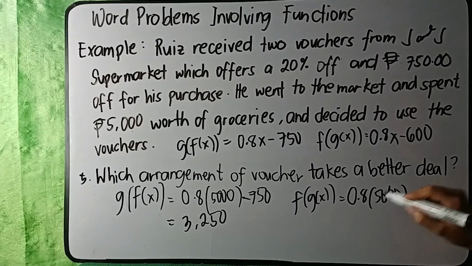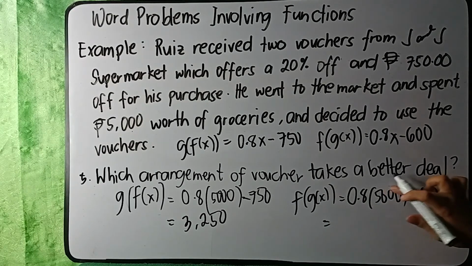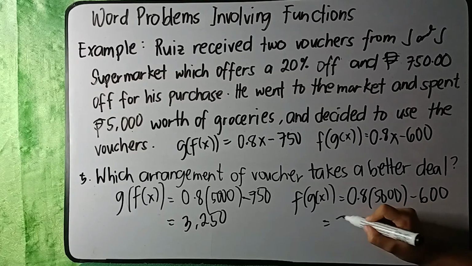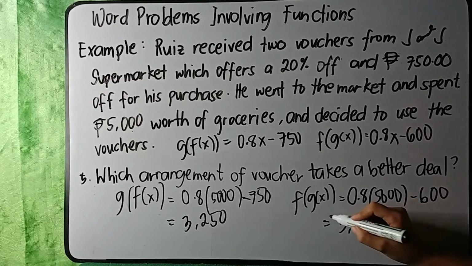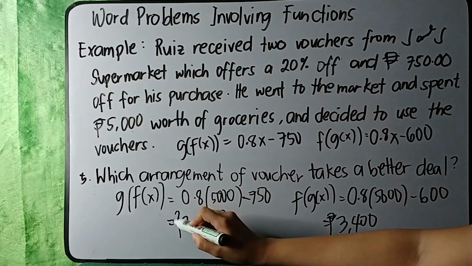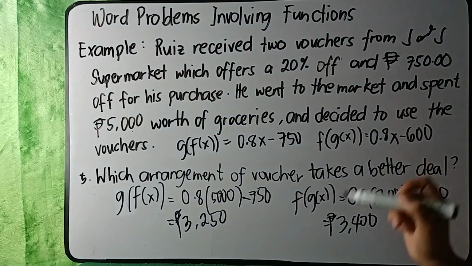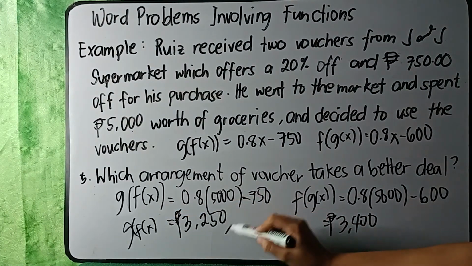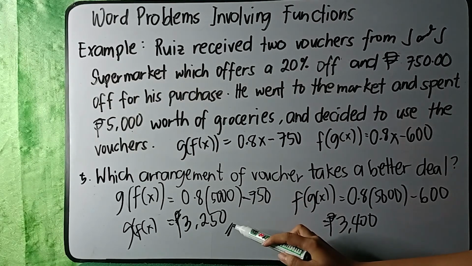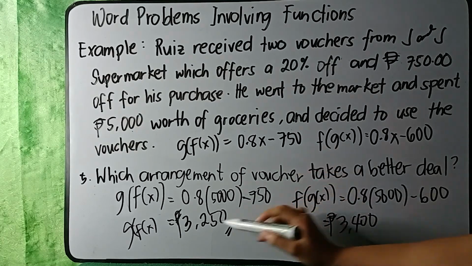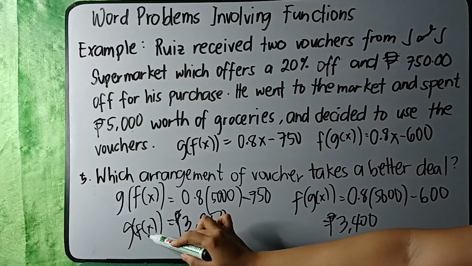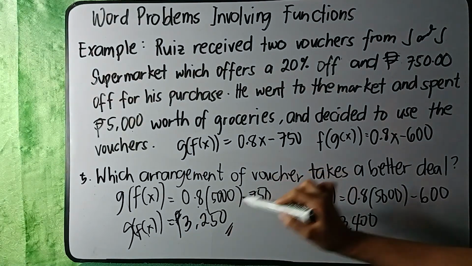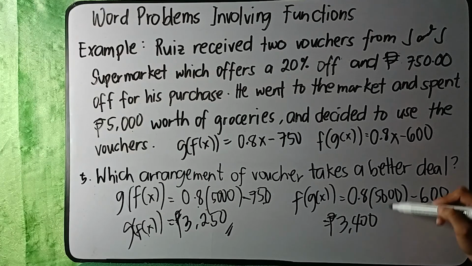Again, 0.8 times 5,000, that is 4,000, minus 600, that is 3,400. So, which one is smaller? g of f of x is smaller, so this is the better deal because Ruiz gets more discount for the 20% off before 750 than 750 pesos off first before the 20%.